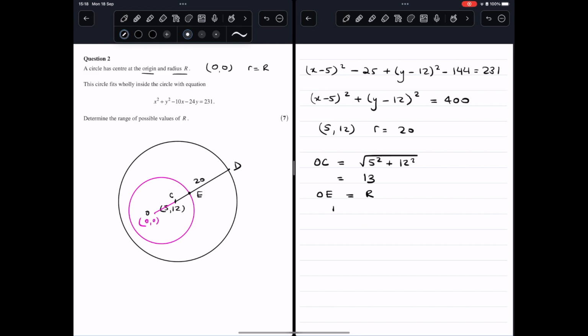And I know that r has to be less than or equal to 20 as it fits inside the bigger circle. So I can simply say that 13 plus r, the OC plus the r, which is O to E, is less than 20, and therefore r is less than 7.